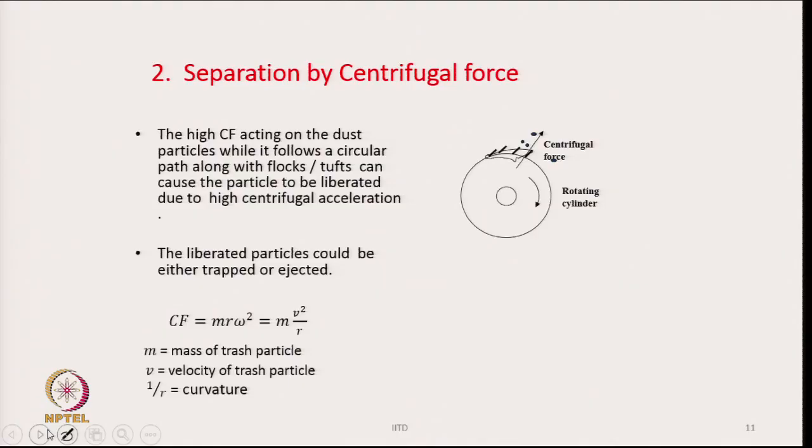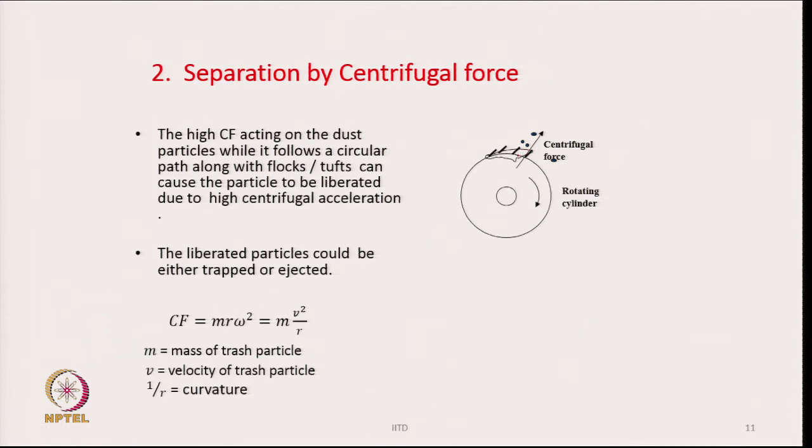The other one is separation by centrifugal force. Centrifugal force we have seen earlier, it can liberate and it also can help us in separation as well. The high centrifugal force acting on the dust or trash particles while it follows a circular path along with flocks and tufts can cause the particles to be liberated due to high centrifugal accelerations.